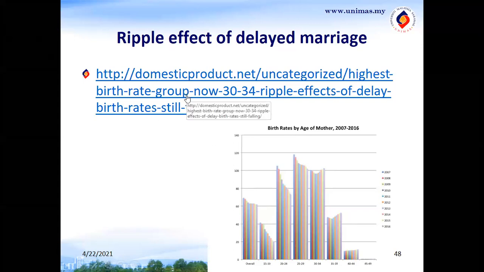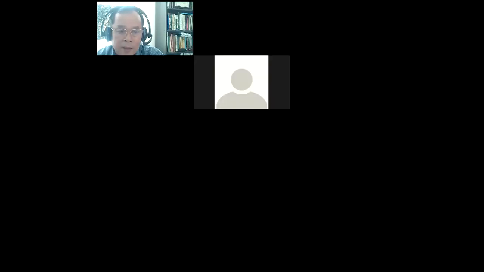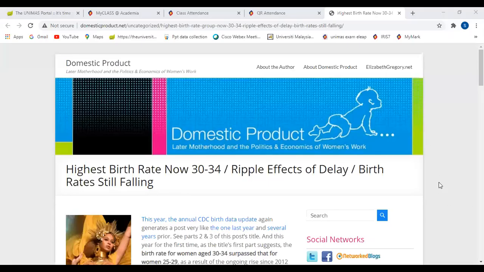Okay, let me click on this one. I can't remember, but I think this is interesting. Some information on, wait, let me share. This is the one I want to share with you.